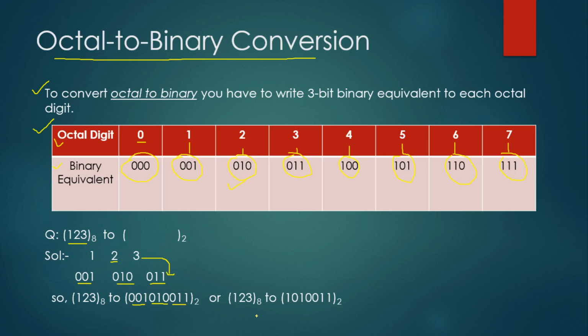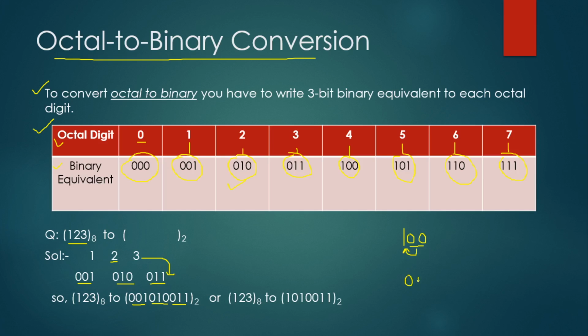Or you can also write it like this: you can discard these leading zeros because there is no use for them. Now remember one thing, if this is your 1 and we have written here 100, these two zeros are important for calculating the number.